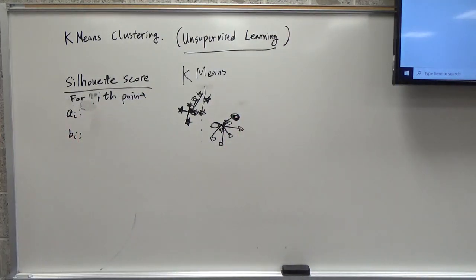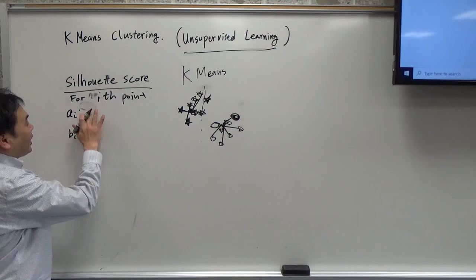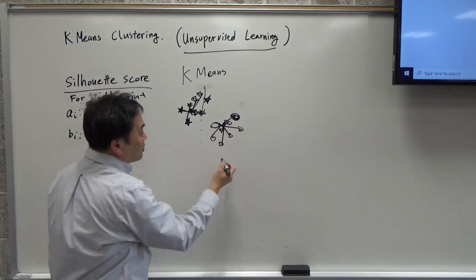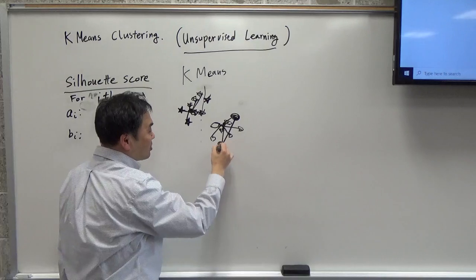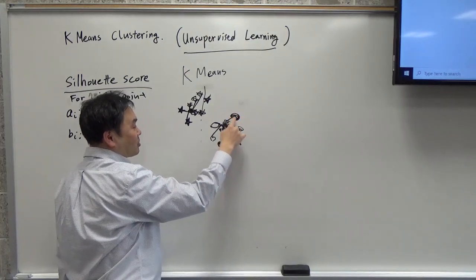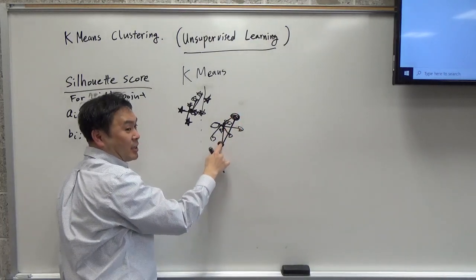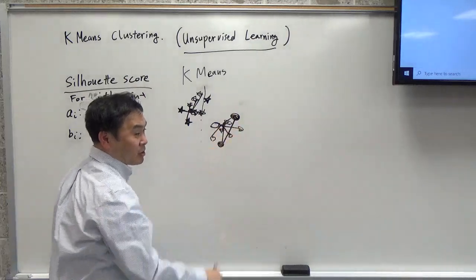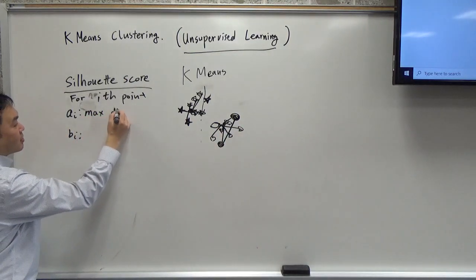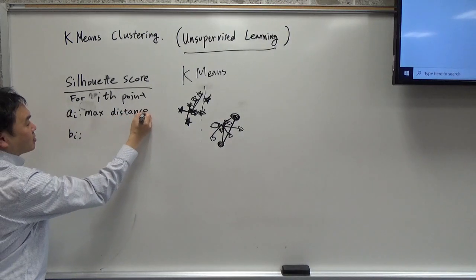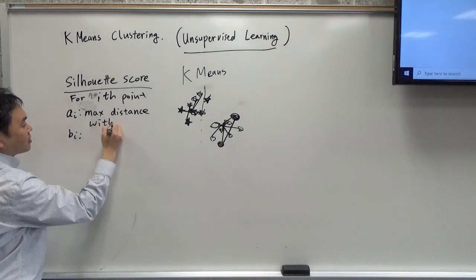Pick any point in the data set. And then a_i is the maximum of the distance from that point to any other point in that same cluster. So max distance within cluster.